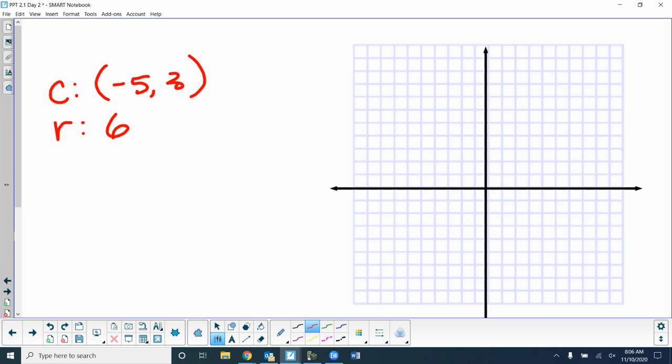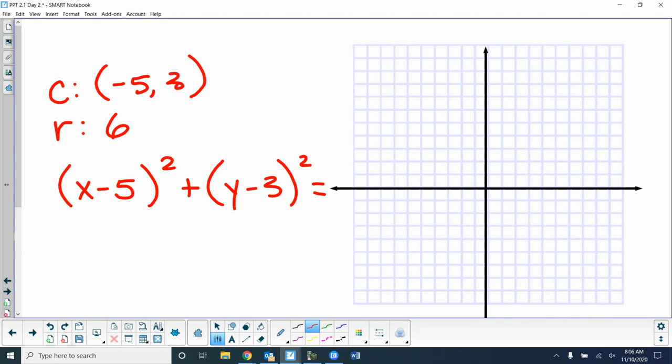What's my equation? What goes in here? X plus 5, yeah. What goes here? Y minus 1, yeah. You guys with me? And what's it equal then? 36. I should have used a different number.